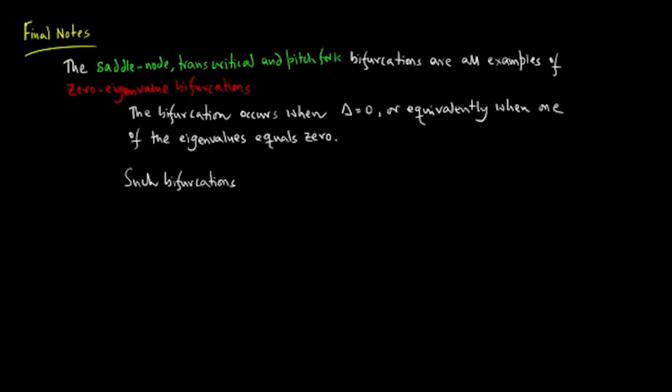Such bifurcations always involve the collision of two or more fixed points. In this lecture, we discussed the transcritical and the pitchfork bifurcations in two-dimensional flows. Now, these are bifurcations that have counterparts in one-dimensional flows as well, and we note that the pitchfork comes in two variants, a supercritical and a subcritical.